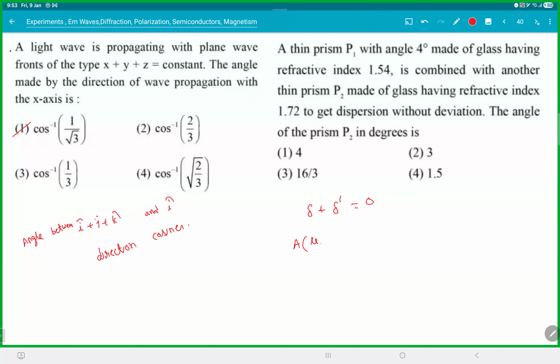A into mu minus 1 plus A dash into mu dash minus 1 is equal to 0. This is 4 degrees. 1.54 minus 1 is equal to minus A dash into 1.72 minus 1. You will get A dash is equal to negative something. The negative sign indicates the prism is inverted. So just be careful with that.